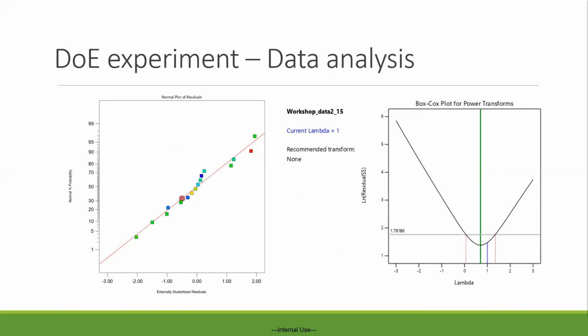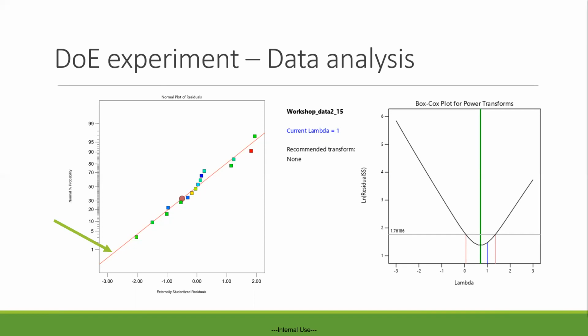The first graph is the normal plot. So we expect all the data points to lie along the straight line. If not, the data might need to be transformed in order to normalize it. And how do we know if the data needs to be transformed or not? The second graph, the Box-Cox plot, can tell us that too. So the recommended lambda in this case is 1, and it is the power to which you raise the data to make it normal.